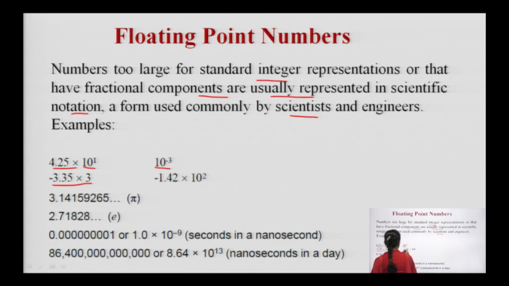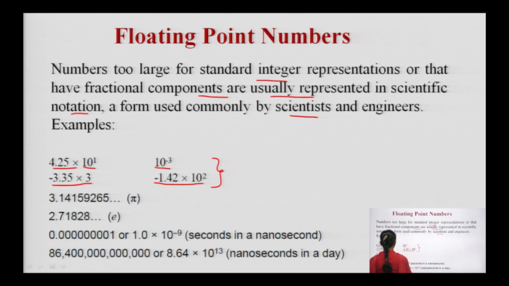A negative number is represented in floating point as, for example, minus 1.42 times 10 to the power 2. Here the sign bit will be 1, 142 is our mantissa or fraction part, and the exponent part is 2. Here these numbers are in decimal representation.